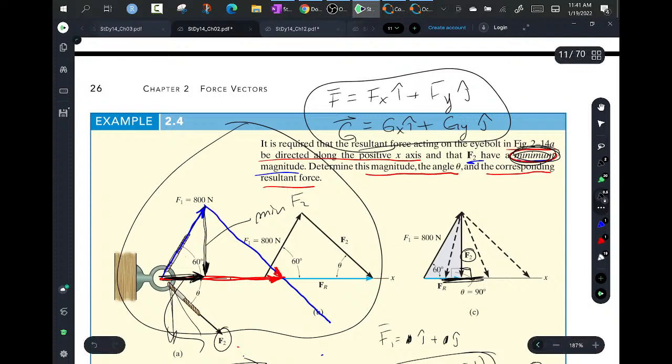He's asking you to find a minimum of something or to make sure the magnitude is going in a particular direction. You can do it this way, and if you want to, I say have at it, but you'll spend a lot more time than someone who visually looks at it and figures out what's happening here.